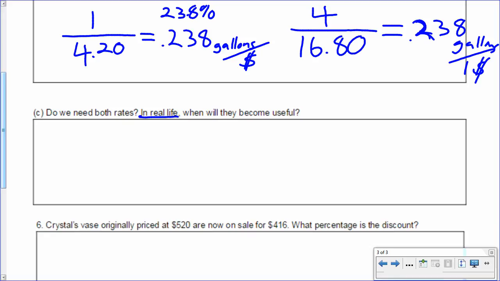They just tell you for 1 gallon. So we would need to figure out how much per 1 gallon, right? And we came up with $4.20. That way we can drive around and look at the gas stations and see, well, okay, it's $4.20 here, it's $3.60 here, I'm going to buy the cheaper gas, okay? That's simple enough. I think we've all ridden around with our parents looking for the best deal on gas at times.